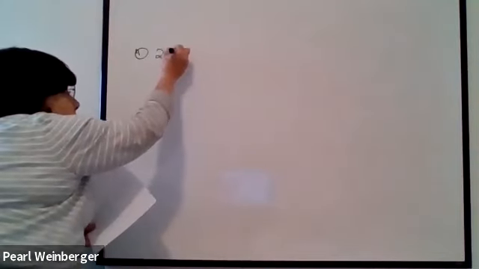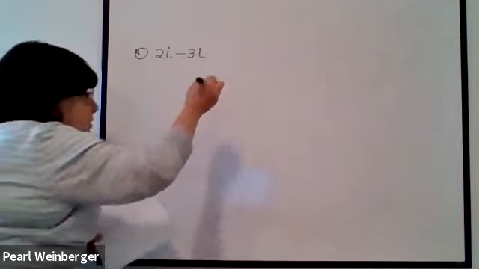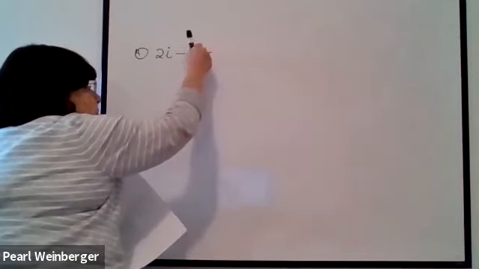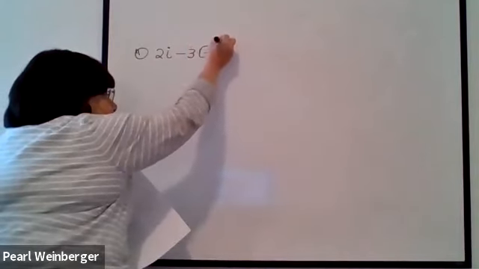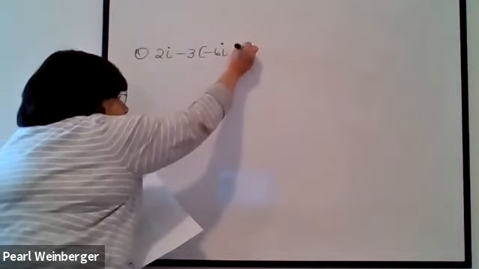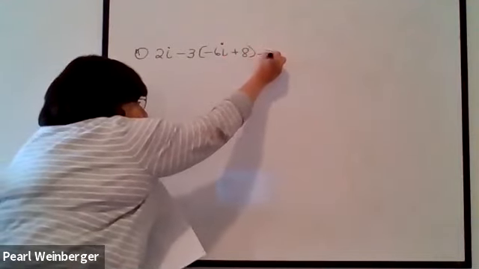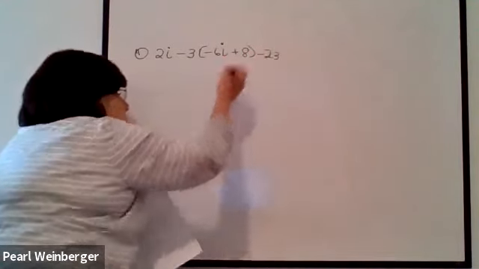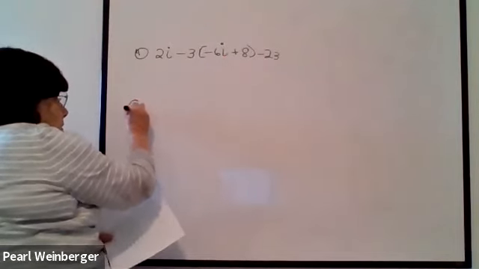We have 2i minus 3 parentheses -6i plus 8, minus 23. Remember, I want you to simplify this, combine everything as much as you can. That's question number 1.